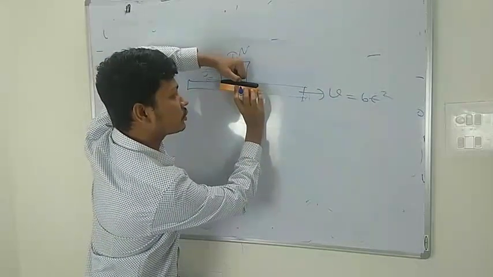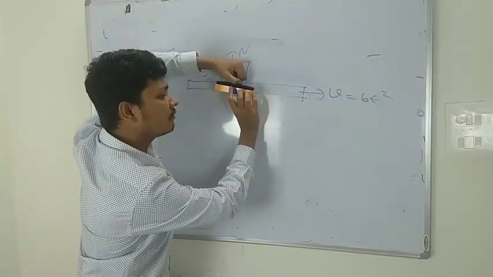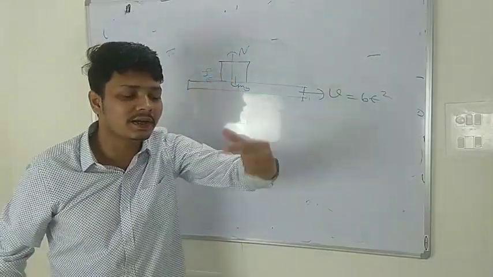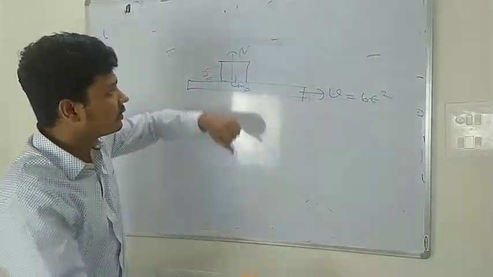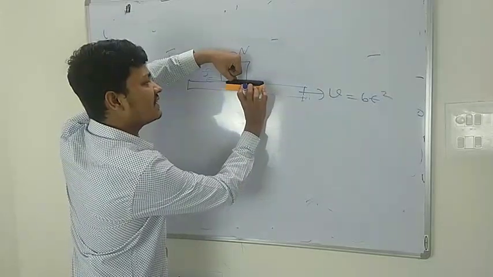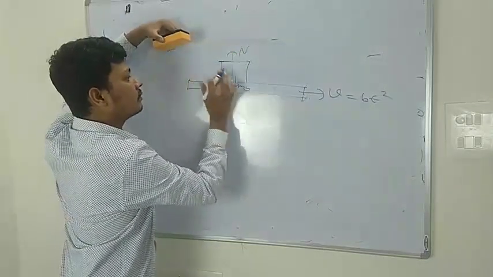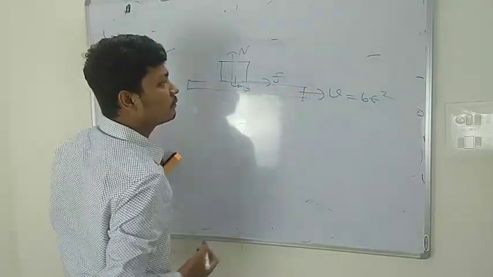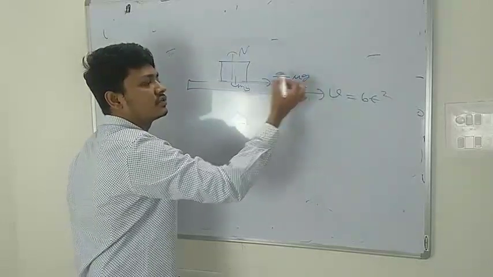Friction will oppose the relative motion, at least it tries to. So friction will act this side to oppose the relative motion, and the limiting friction is mu times N.